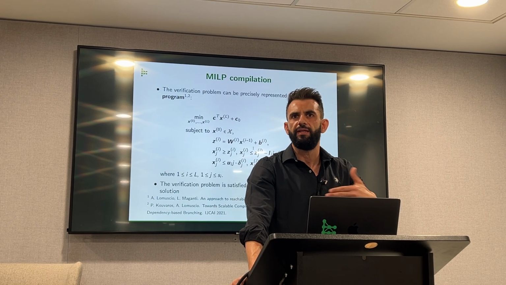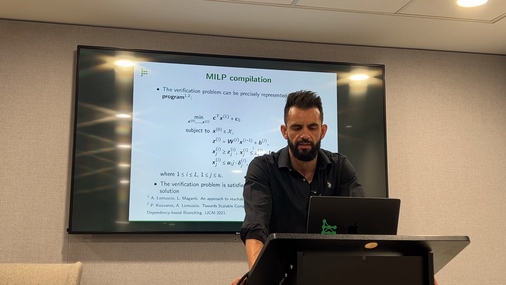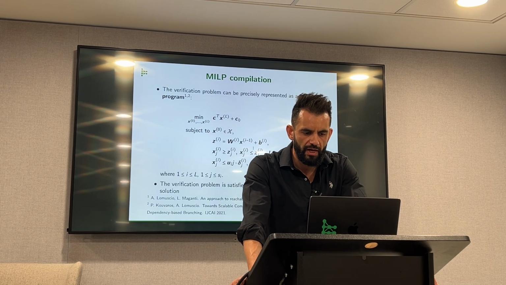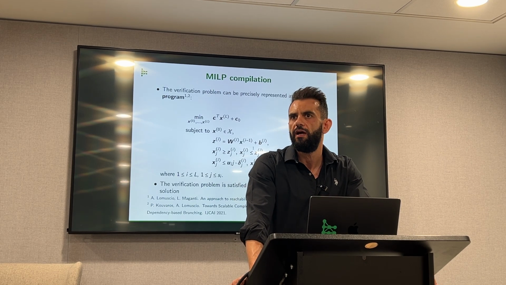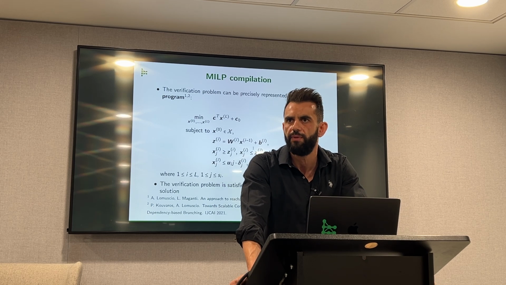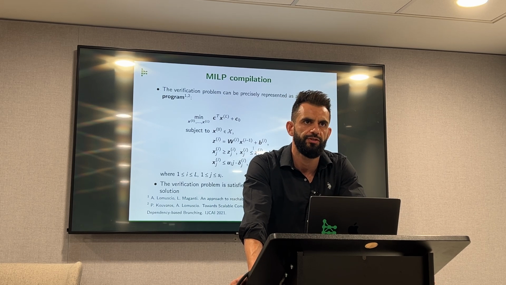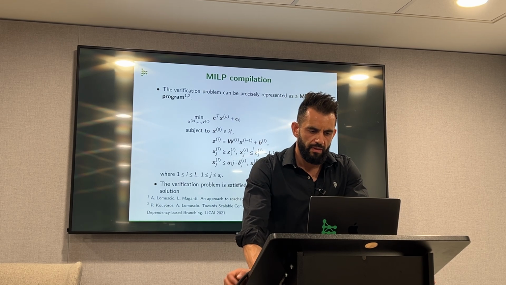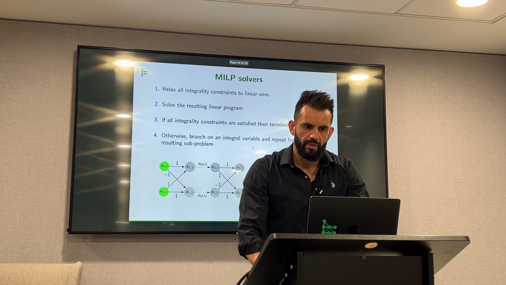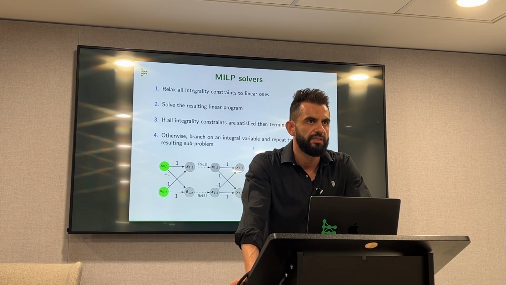So it's always a good idea to run the bound propagation method that I discussed previously before doing the MILP encoding. Having done the encoding, the verification problem, or if you like, the network will be robust if and only if the MILP program has no feasible solution. And we can use any modern MILP solver to determine this.